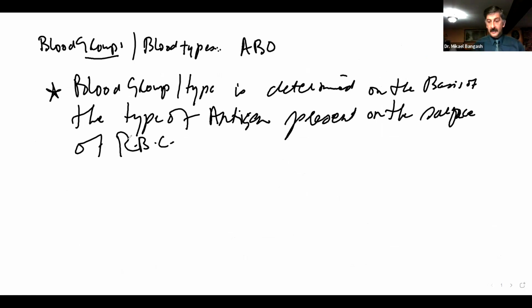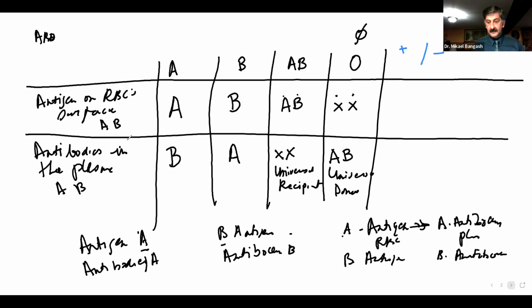But the only thing that's going to be different here is that if somebody is positive, that is because he or she has this antigen. It may go under two names.